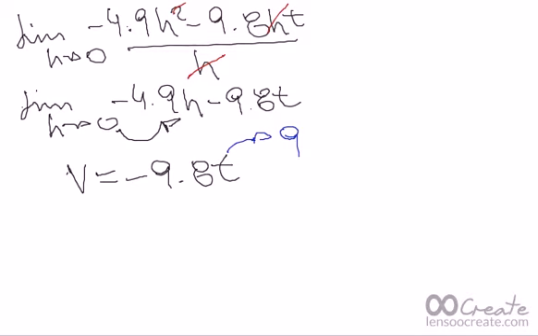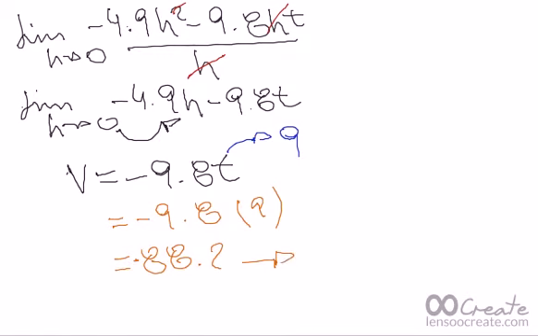So we resolve this as minus 9.8 times 9, which equals negative 88.2. But since we're talking about speed, the answer is just 88.2. So that's the long way.